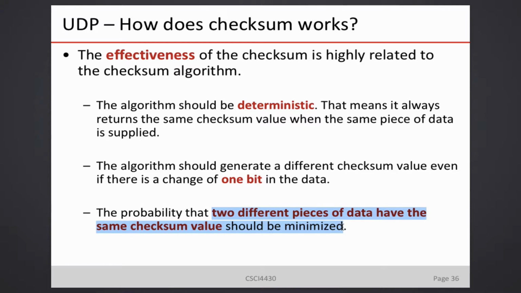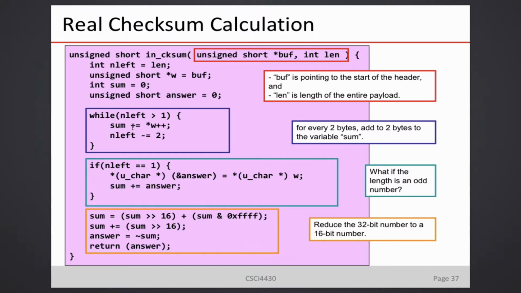Is the probability high or low if I change the core to bitwise and? Two different data streams, will they generate the same outcome?